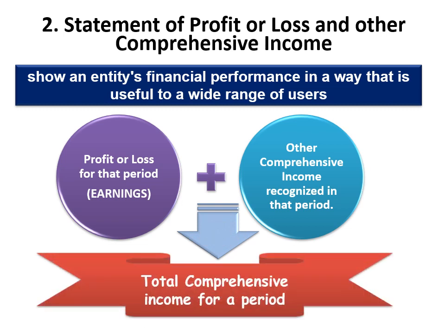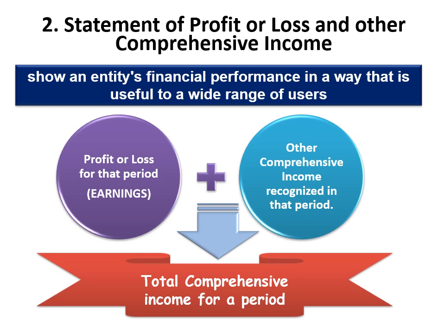The second statement we have in an organization is the statement of profit or loss and other comprehensive income. So this statement describes the entity's financial performance in a way that is useful to a wide range of users. This statement consists of two main sections.